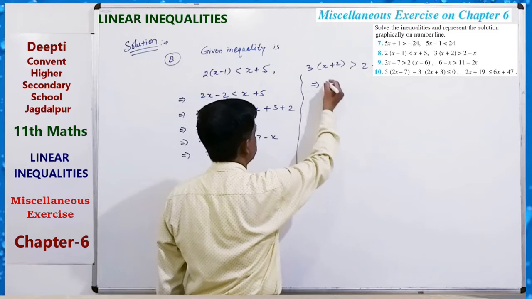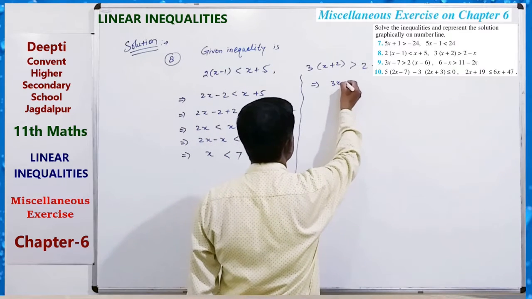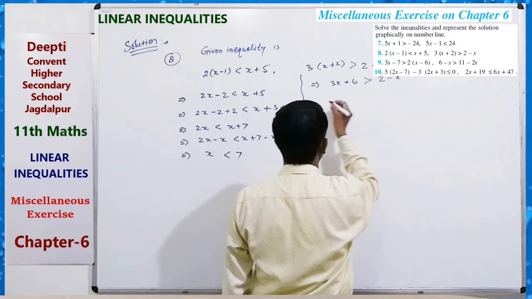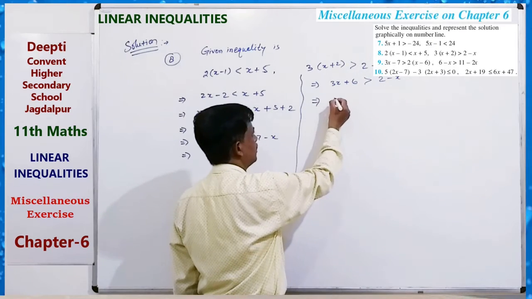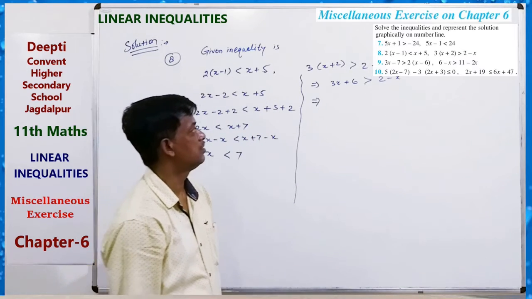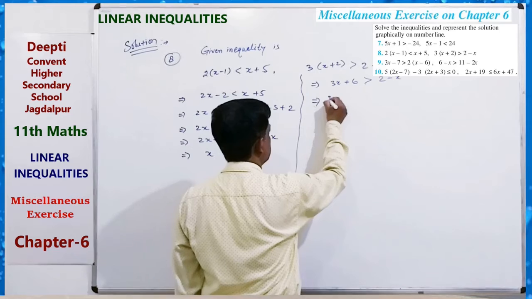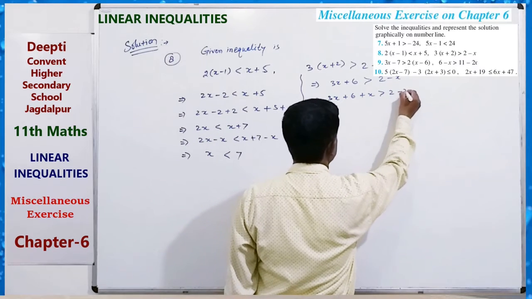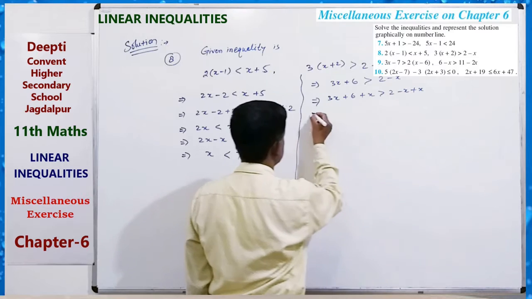Also solve it: 3x plus 6 is greater than 2 minus x. Here we can see that x can be added on both sides. So 3x plus 6 plus x, 2 minus x plus x.